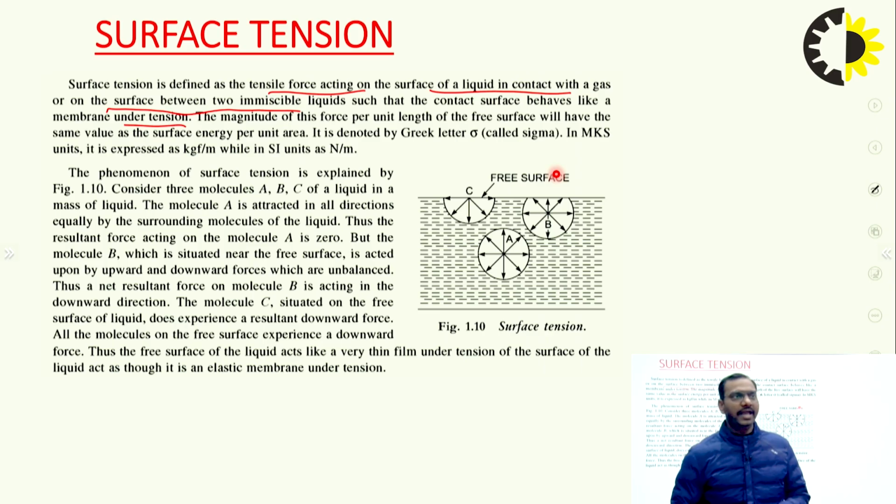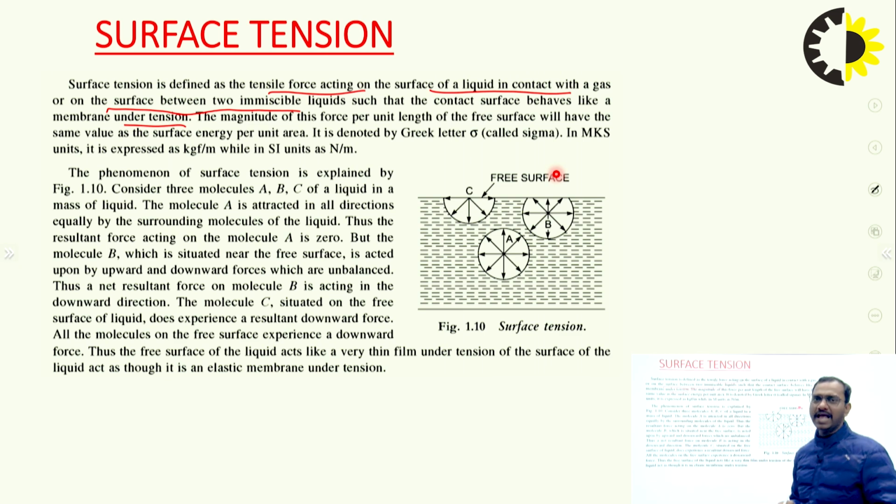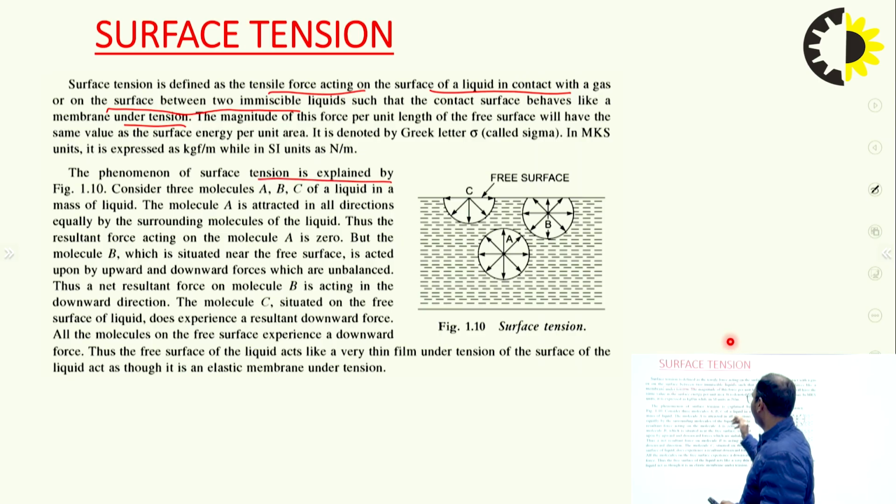In MKS unit it is expressed as kilogram force per meter, while in SI unit as Newton per meter. So, we can say that surface tension is a line phenomenon, which is defined as the ratio of force per unit length. The phenomenon of surface tension is explained by this figure.